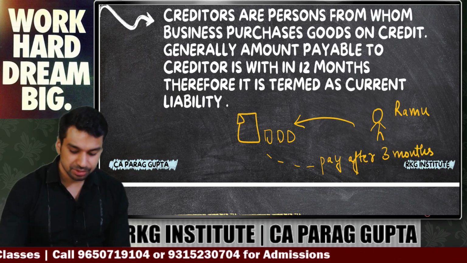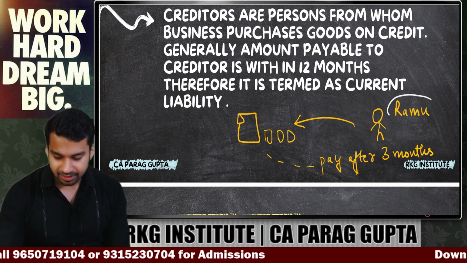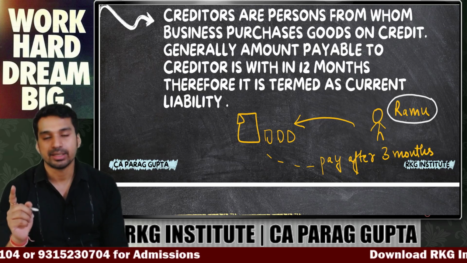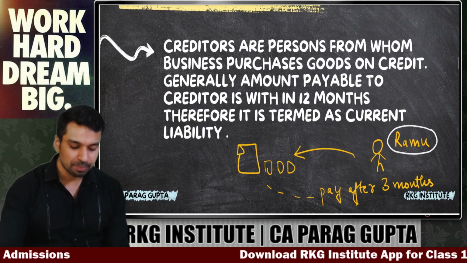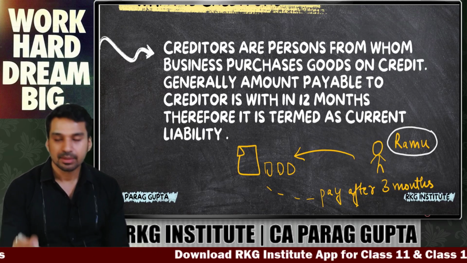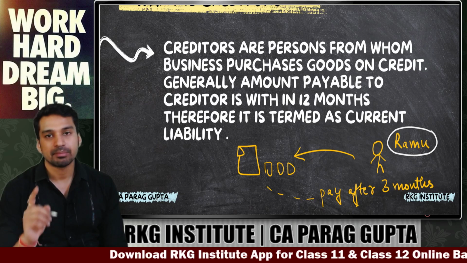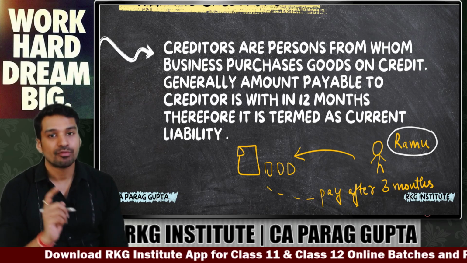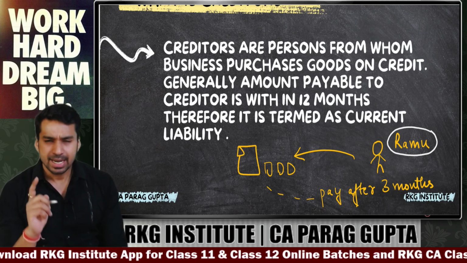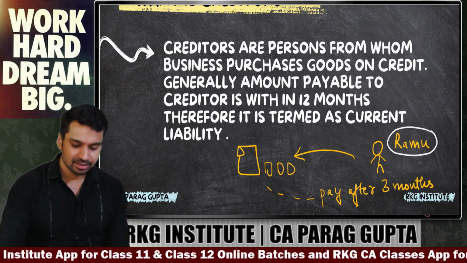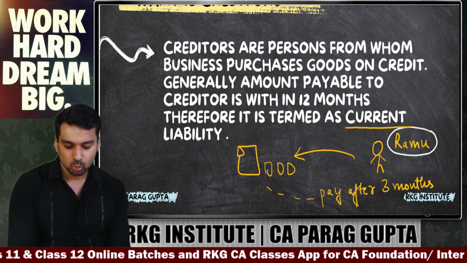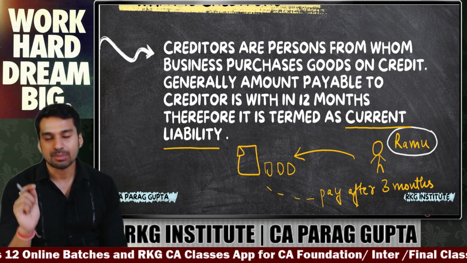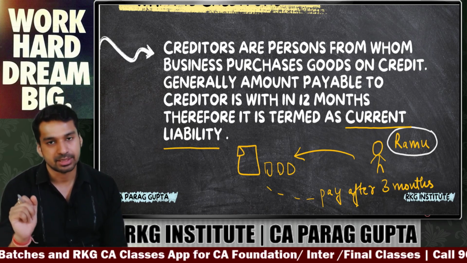Then for next 3 months I will consider Ramu as creditor. So creditor is a person to whom you have to pay money after some time. And why you have to pay money? Because you have purchased goods from Ramu on credit. And generally creditors are considered as current liability because these are payable within 12 months. So Ramu creditor is our current liability.